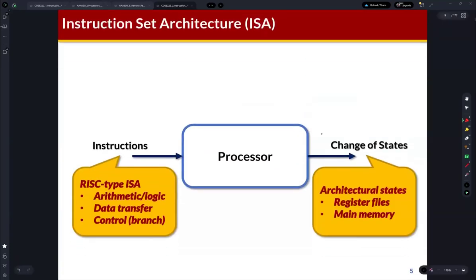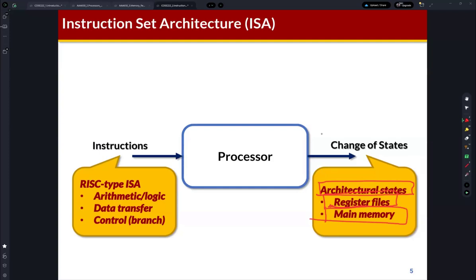And as I mentioned, the instructions make changes of state. These are called the architectural states, which include, as I mentioned, the register files and main memory. So your high-level language code generates many instructions, right?